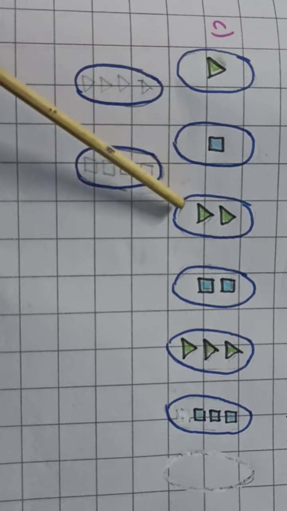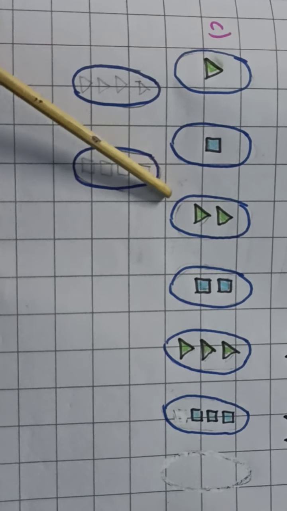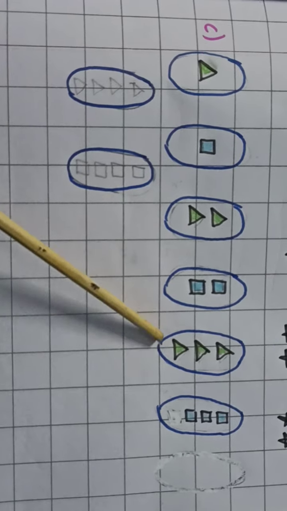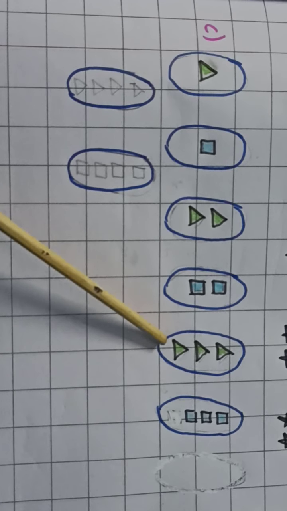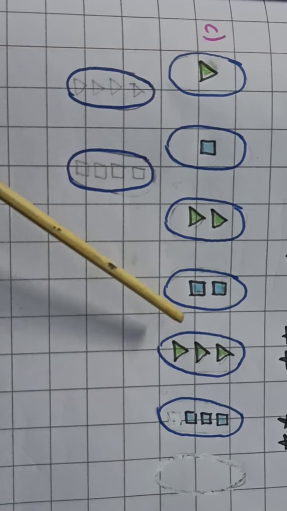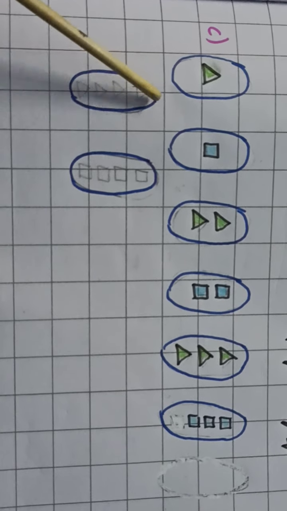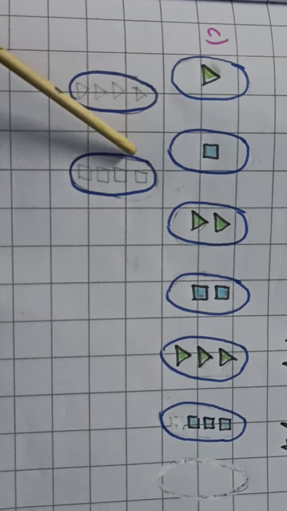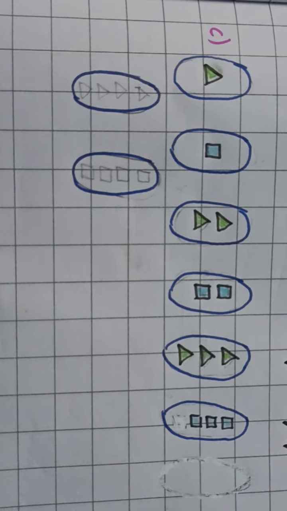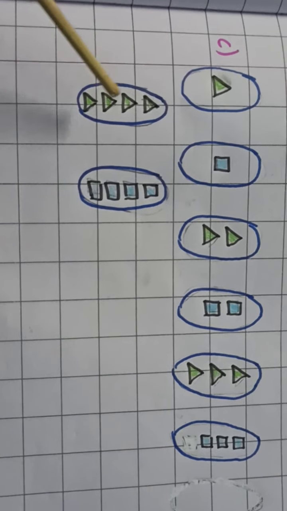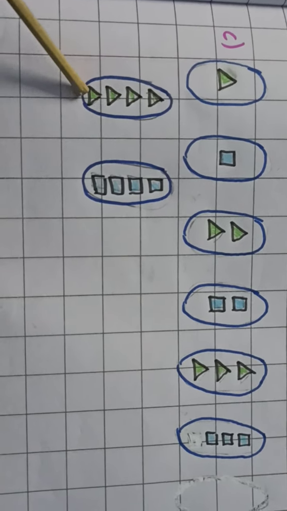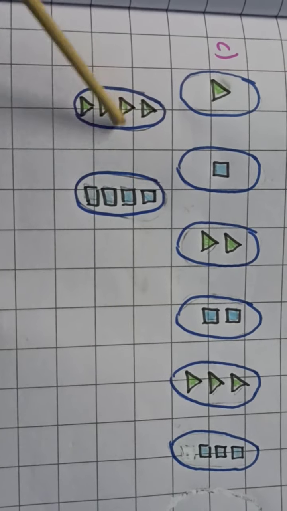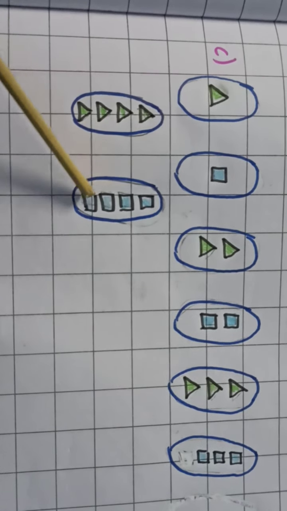Here we use 2. Here we use 3. So let's draw what will come next. Yes, here will be 4 triangles and 4 squares. So here are 1, 2, 3, 4 triangles and after the triangles, 4 squares.